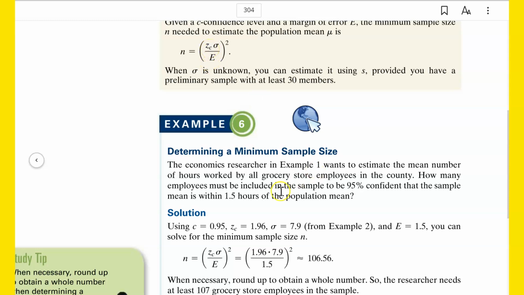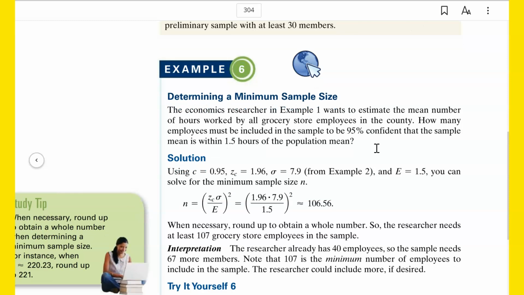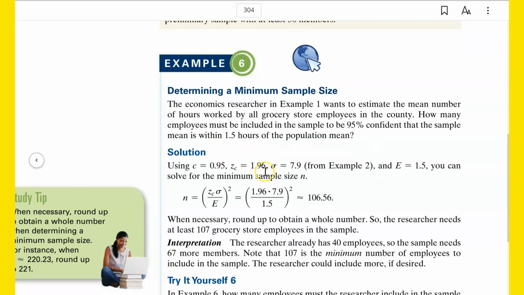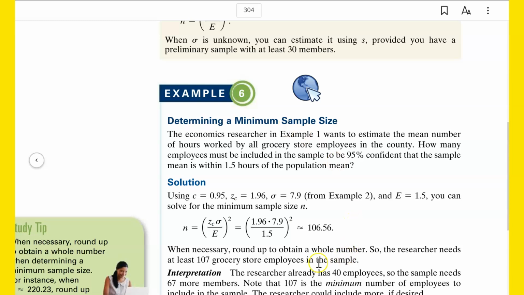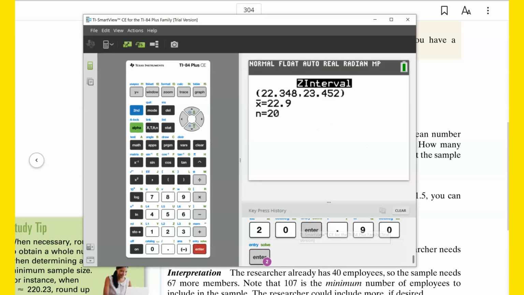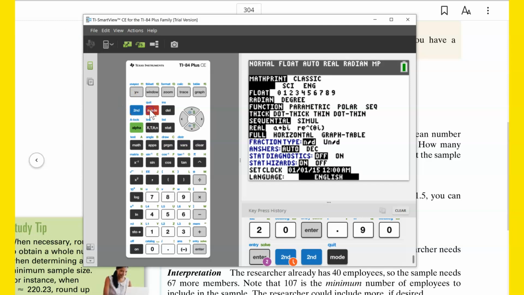Z sub C is what we found before, as I showed you how to find it earlier. Again, we find that Z sub C by, you can rewind the video to what we did earlier, but you go second quit to get out of what I'm doing first.